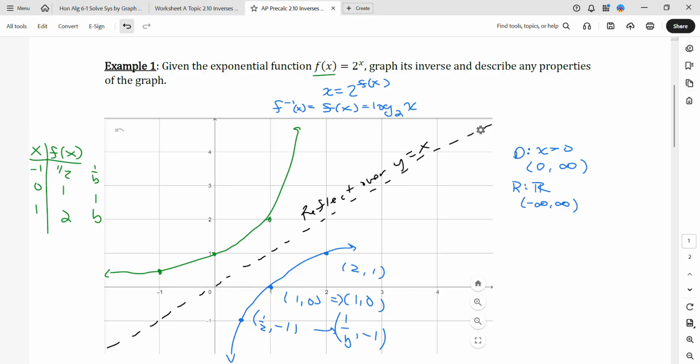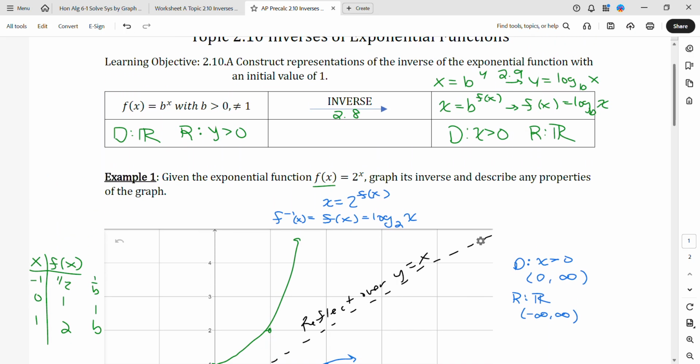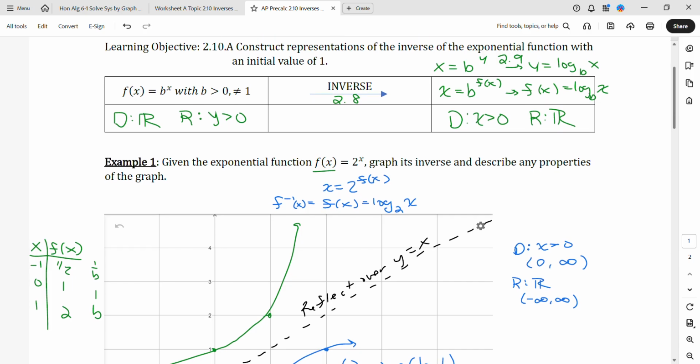And then (b, 1). So you're always going to have this pattern of numbers. Okay, we're representing this graph of the inverse of an exponential with initial value of 1.